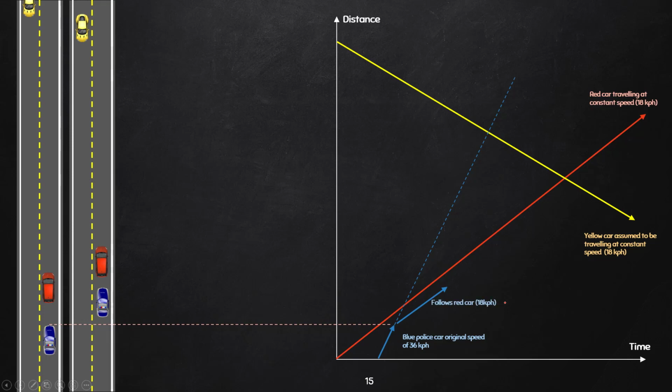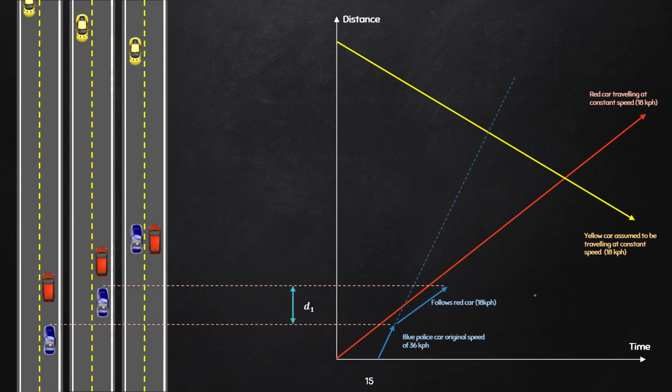Then at a certain time, he will follow the red car at 18 kph. From the end of his original speed of 36 kph up to the time that he follows the red car at 18 kph, that is what we call D sub 1.